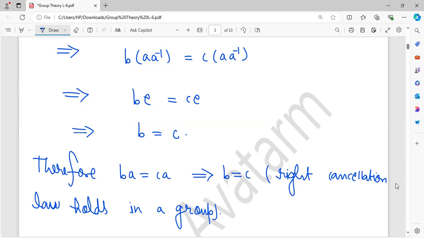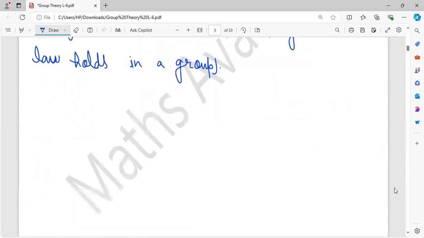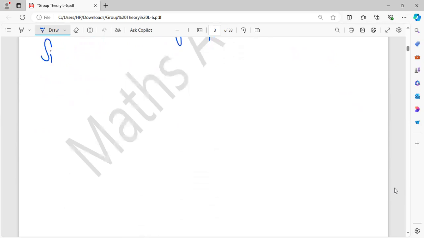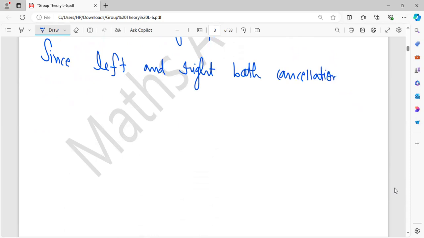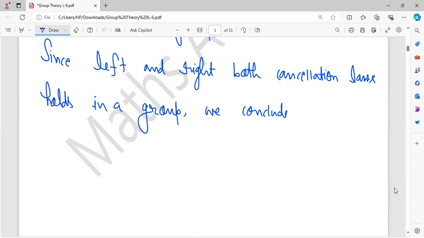Since both left and right cancellation laws hold in a group, we conclude that cancellation law holds in a group.